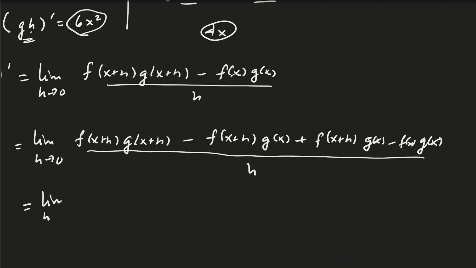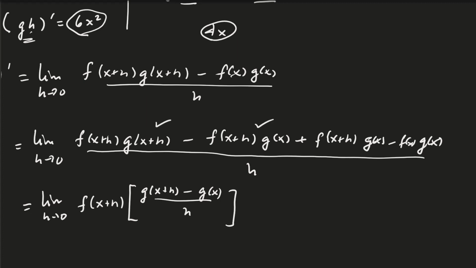And now I can factor the f of x plus h out of the first term. And so you see we're left with g of x plus h minus g of x divided by h, right? And so that takes care of the first two terms. And then we have plus, I can factor out a g of x from that. And what's left here is f of x plus h minus f of x divided by h. Good.